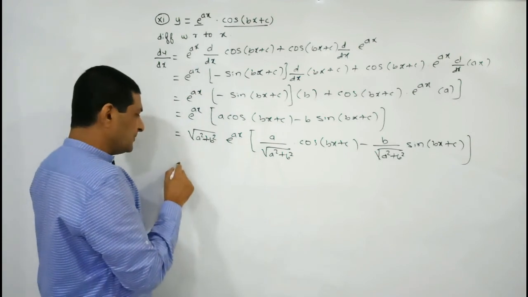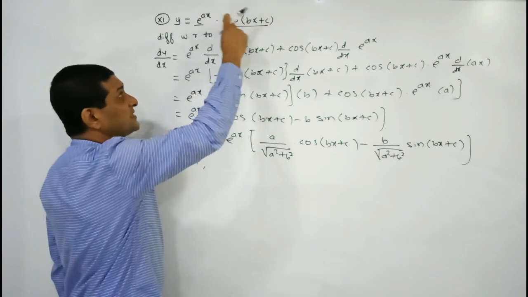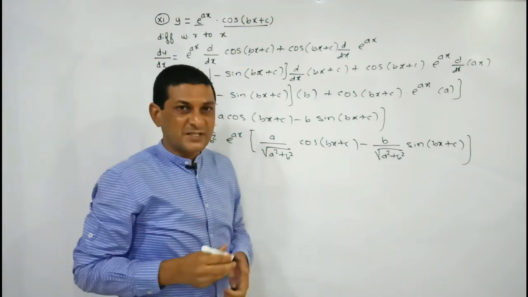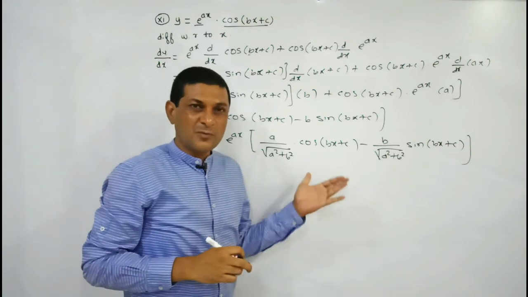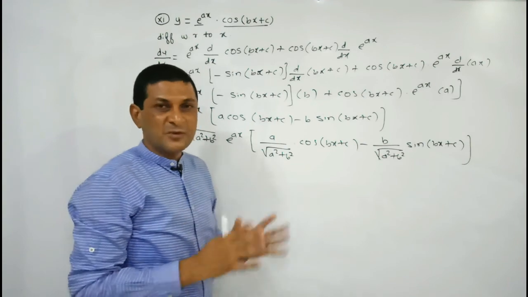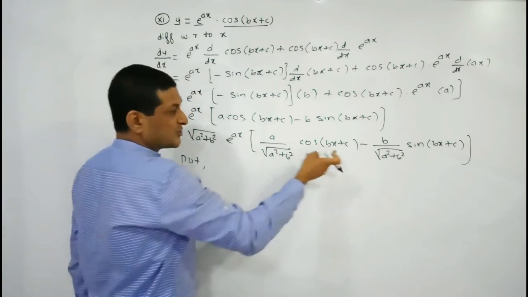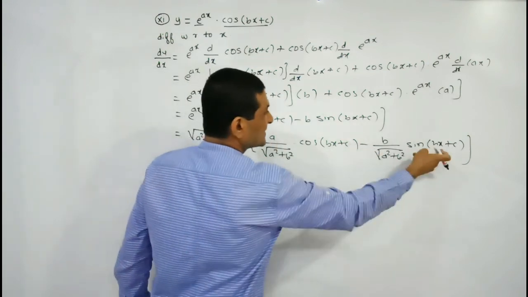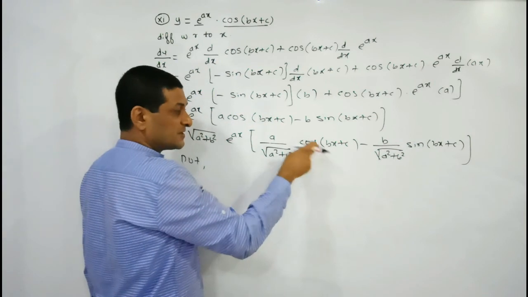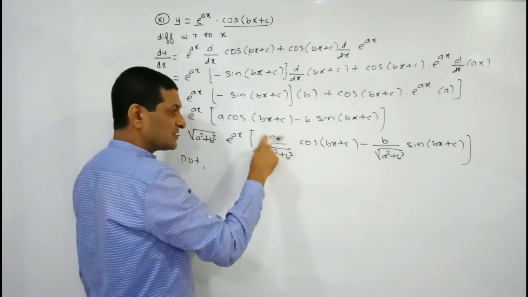Which is equal to, or here substitute. Now, as the example is in terms of cos, I am trying to arrange this term in terms of cos. We have two choices, we can arrange this term in terms of cos or in terms of sin, but since the example is in terms of cos, I am giving priority to converting it in terms of cos. And what is the formula of cos? Cos A into cos B minus sin A into sin B, which is the formula of cos A plus B. So here, cos A into cos B means to arrange it in the form of cos, we have to denote this term by cos.